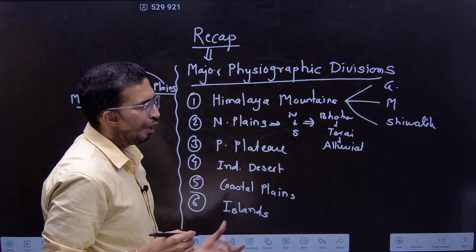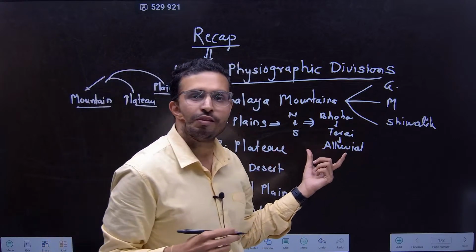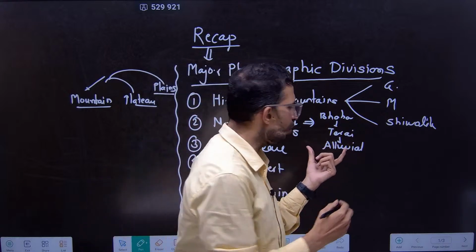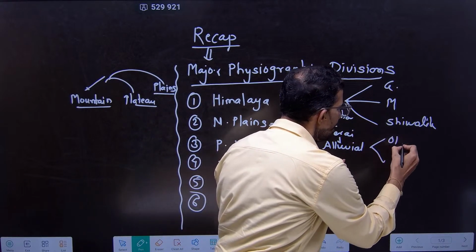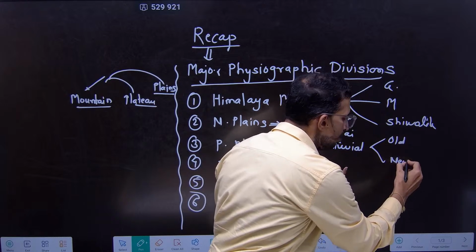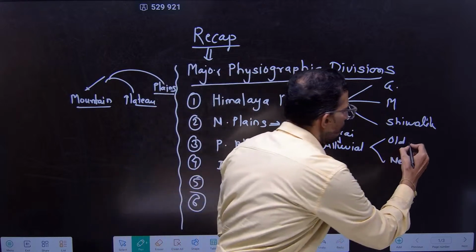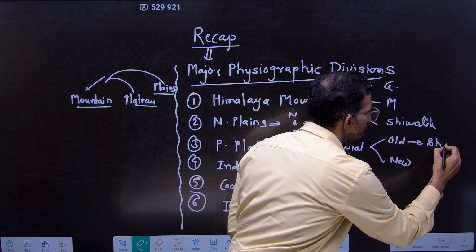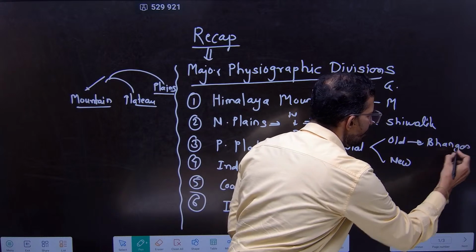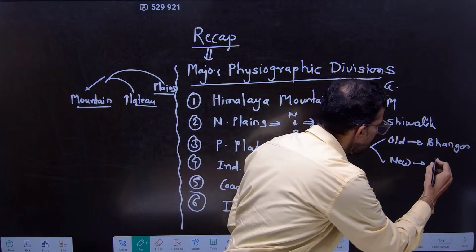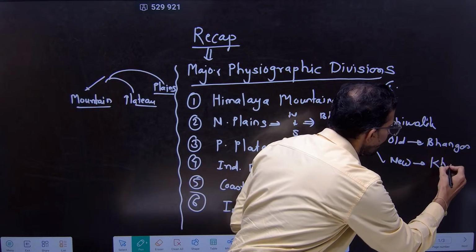In the alluvial region, depending upon the age of the soil, we have the old deposit and the new deposit. Old deposits are called which one? The Bhangar. And the new one, yes, good, the Khadar.